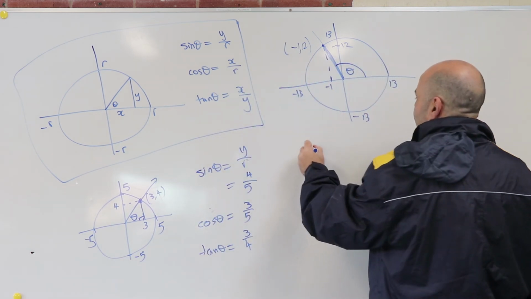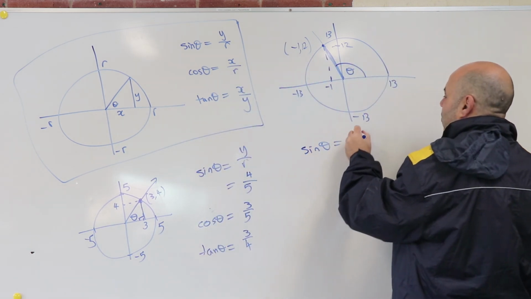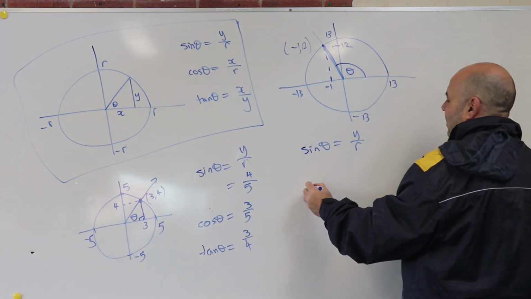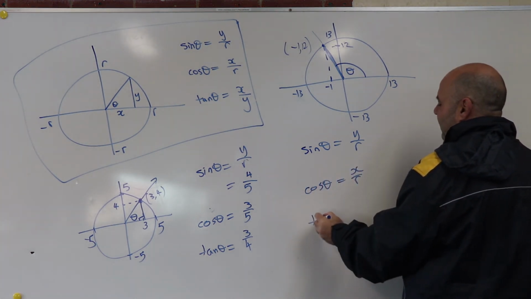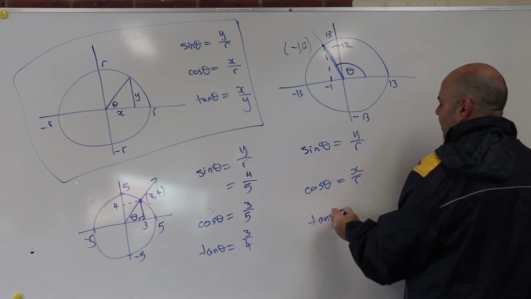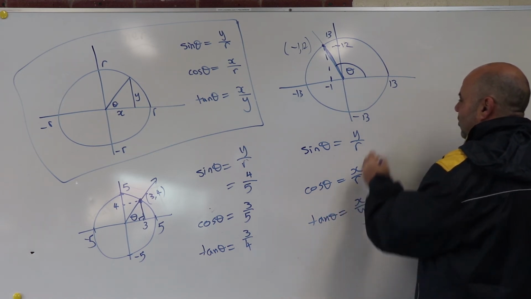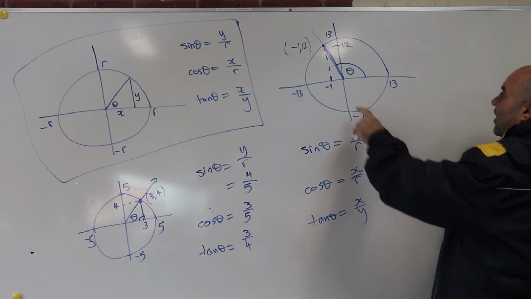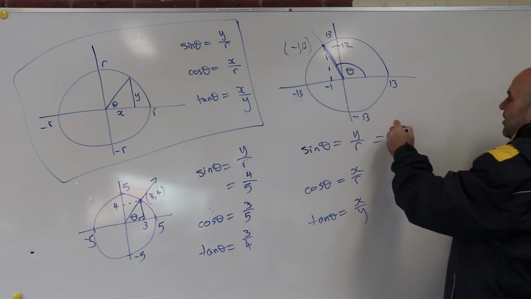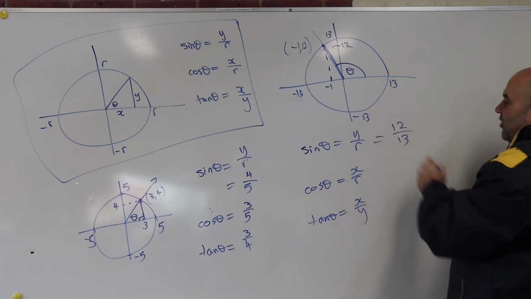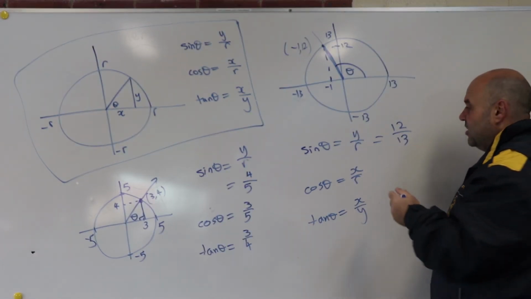Over here, sine of theta is y over r, cos of theta is x over r, and tan of theta is y on x. So what is y over r? Well, my y value is 12, over my radius is 13, so it's 12 on 13. What's x over r?